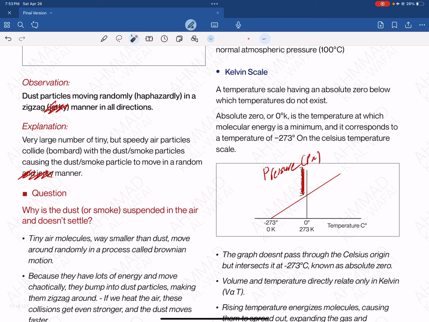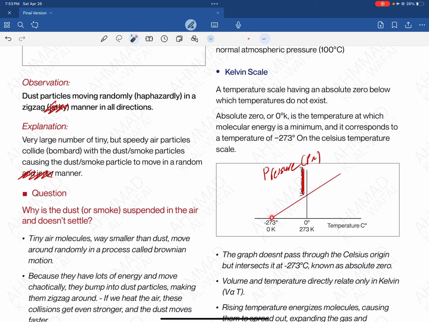Now, Kelvin is a scientist who discovered that at 0 degrees Celsius the particles had some pressure. All right, so he decided to see when this pressure is going to tend to be zero. So he kept on decreasing the temperature until he got the absolute zero, which is negative 273 degrees Celsius.